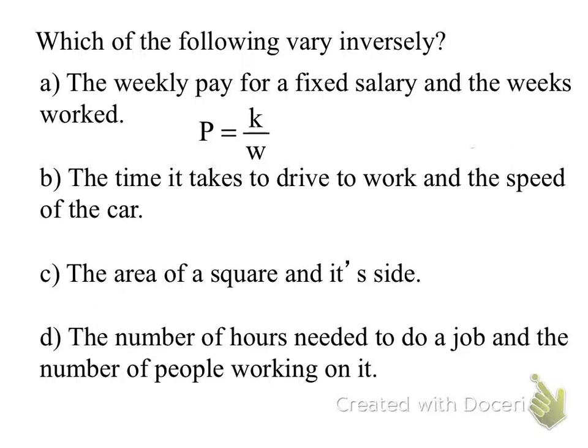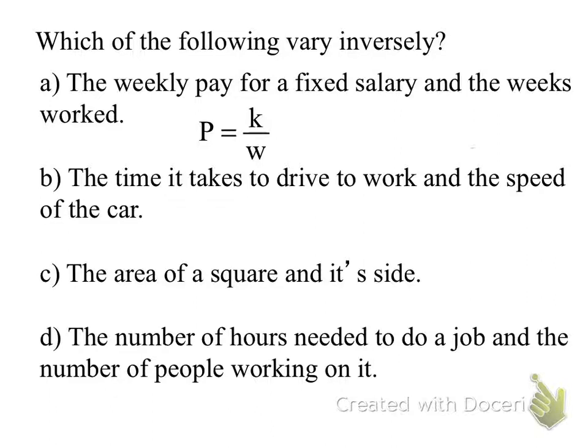When you have your fixed salary and the weeks worked. So if I work 10 weeks, you get paid per week. Yeah, but the weekly pay doesn't change. The yearly pay doesn't change. So 100,000, what's going up? The weeks worked go up.